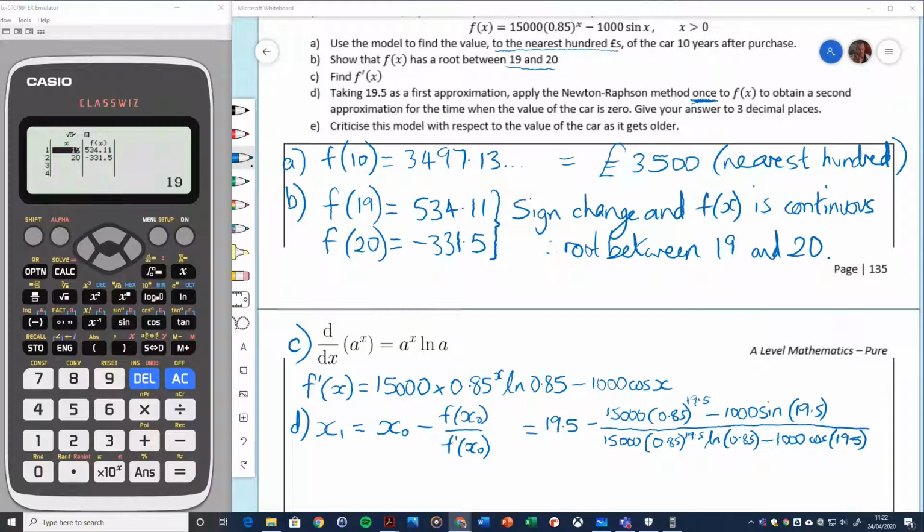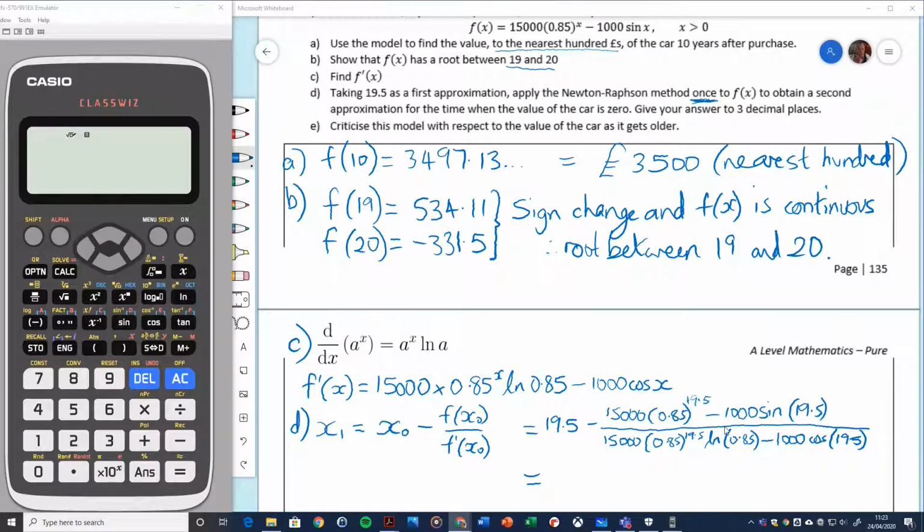That is our formula to give us the second approximation. Let's now put all this into the calculator. I put all this in one go into the calculator. Some people like to do the numerator and press equals, then put the denominator in, and find it all in bits. I like to do it all in one go, but then look at your whole screen and check that you've pressed the right buttons.